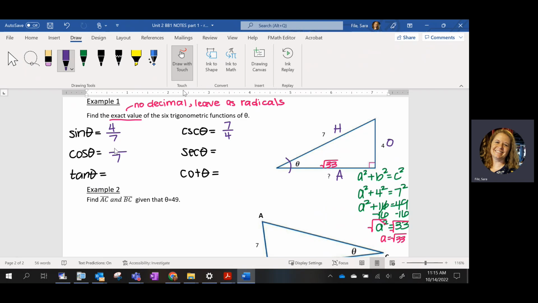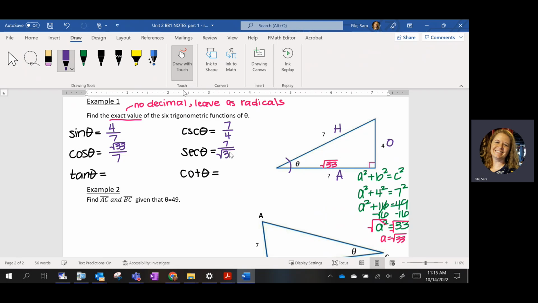Okay, so now I'm ready. I can put that as my A, and I have my cosine ratio, so I'm good. Now, secant would be what? If it's the reciprocal of cosine, what would secant be? Good.